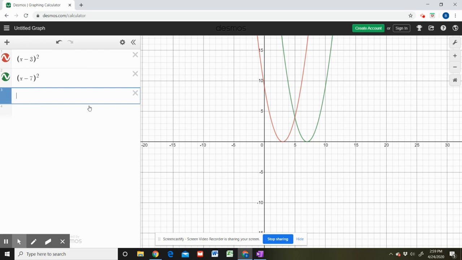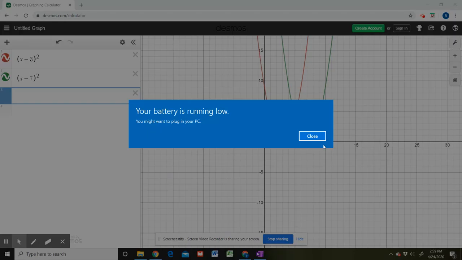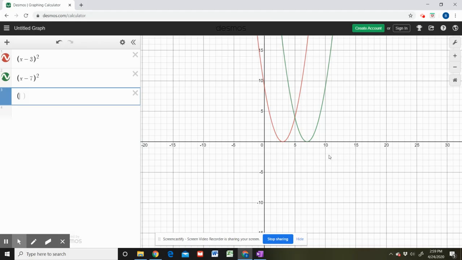So let me do one more problem for you guys. What if I had x minus 6 squared? Right, I'm just going to get rid of these guys.